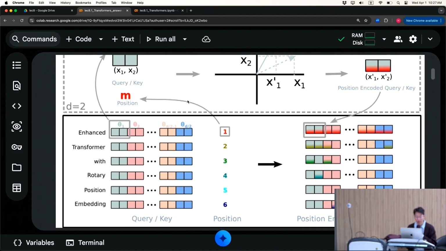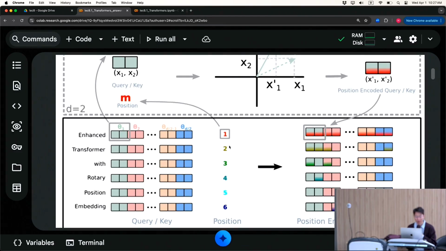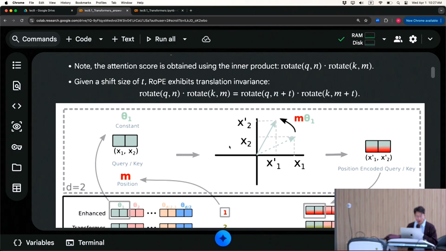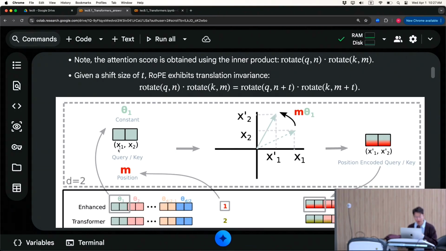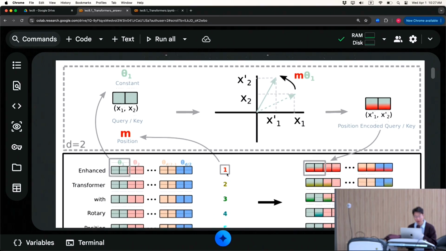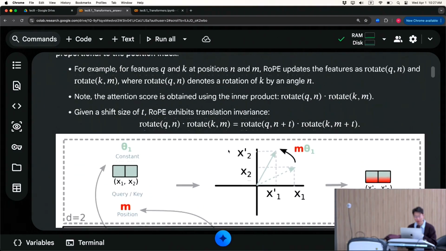So here's an example. We have this sequence of tokens, enhanced transformer with rotary position embedding. The enhanced token is in position 1, the transformer token is in position 2, etc. So we're going to take a pair of the dimensions and apply a rotation proportional to the position of the vector within this input sequence.